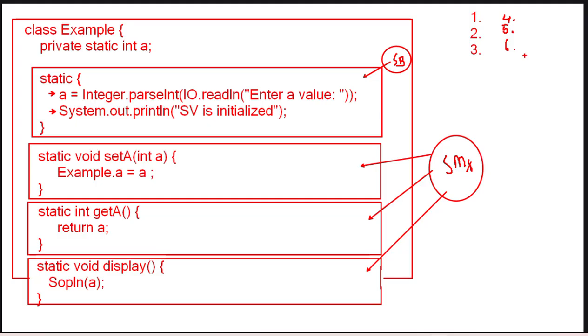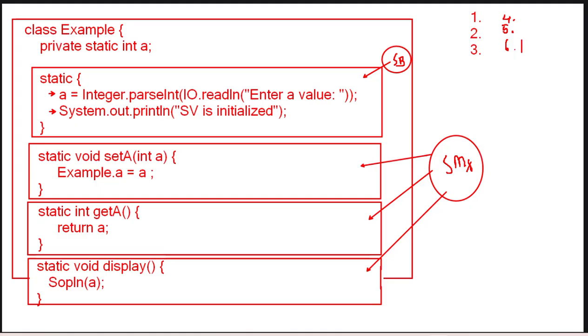However the class is loaded, what is the first step? Static variable memory is created with default values. Then static blocks are executed to initialize static variables, and then the invoked member is executed. It may be a main method, a static variable, a static method, or an object creation statement. So when a class is loaded into JVM, what is the order of execution?